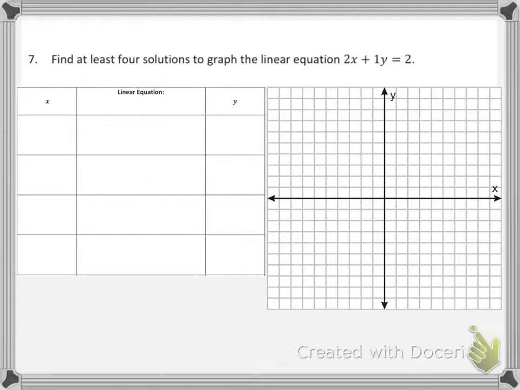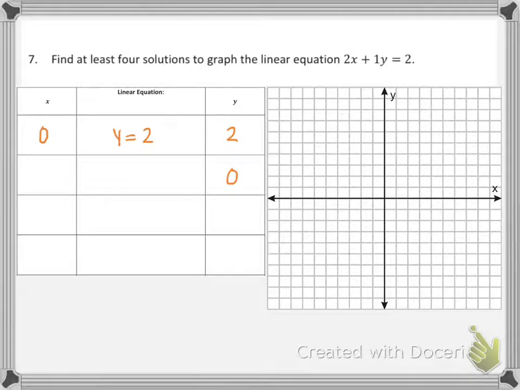Number 7. Find at least 4 solutions to graph the linear equation 2x plus 1y equals 2. Okay, so this time we've got some coefficients in front of our variables, so let's see what we get. Let's put a 0 in for x first. 0 times 2 is 0, so we just get y equals 2. Okay, that was an easy one. Let's put a 0 in for y.